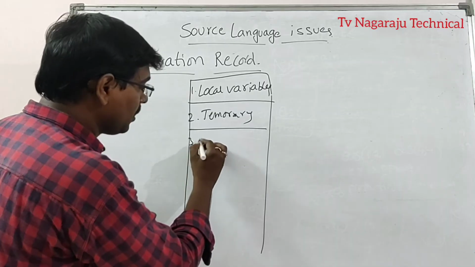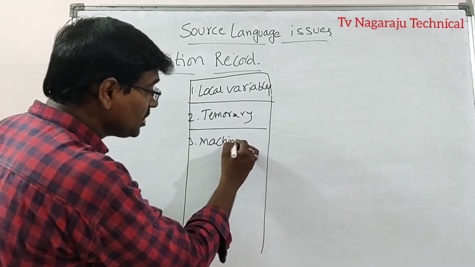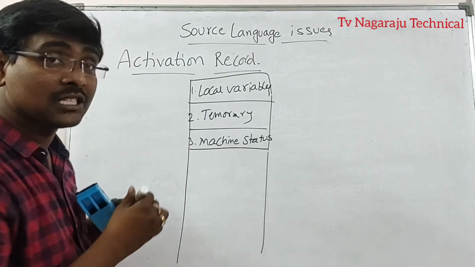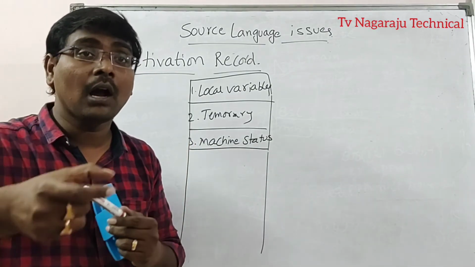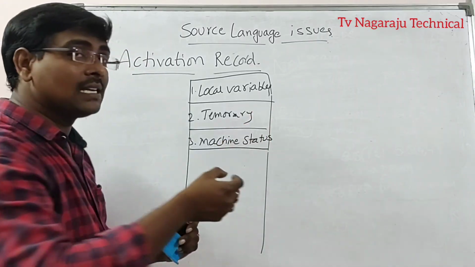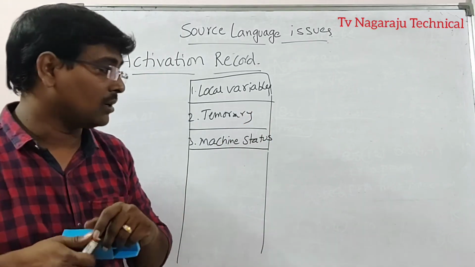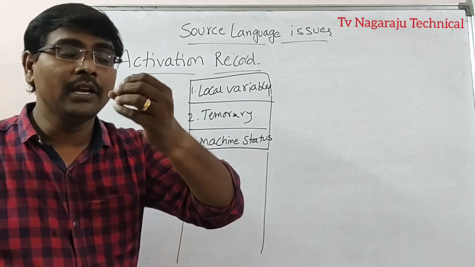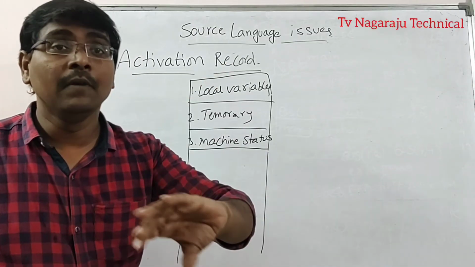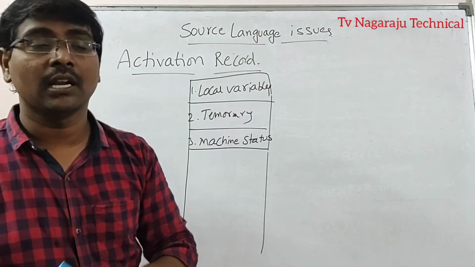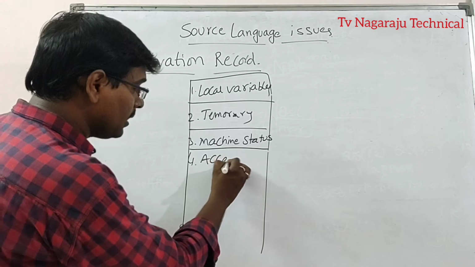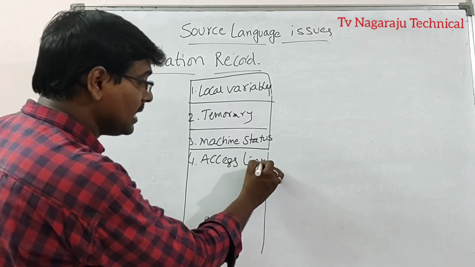Now, next one is machine status. Machine status means before calling the procedure, it stores the status of the machine. Machine status means simply to hold the status of the machine before calling the procedure.